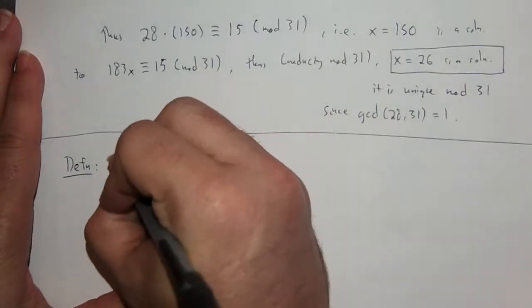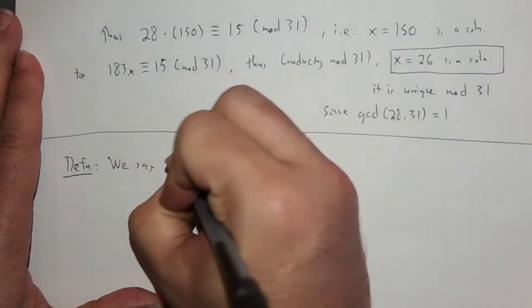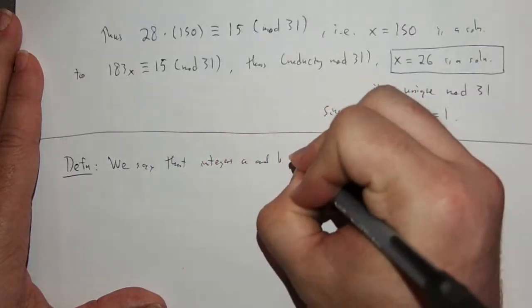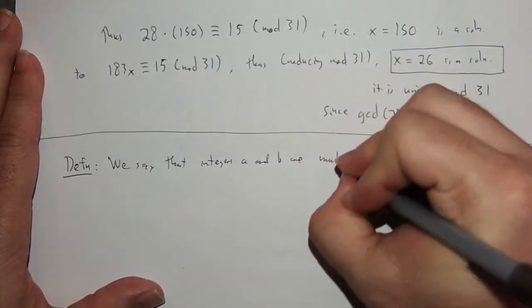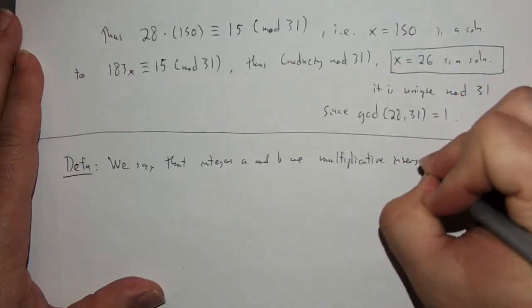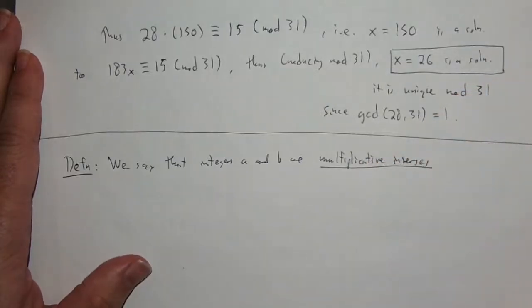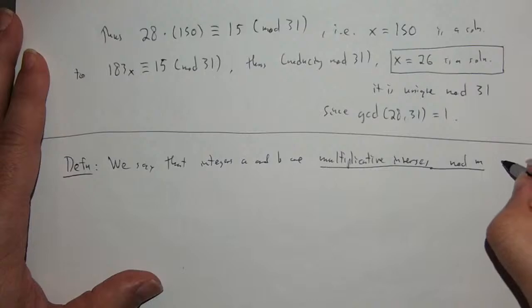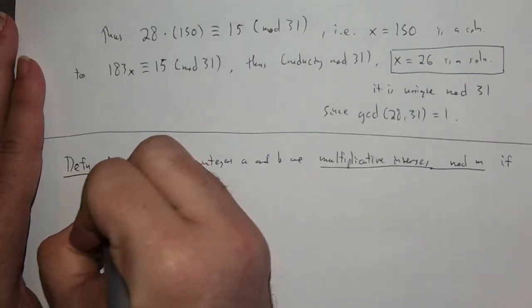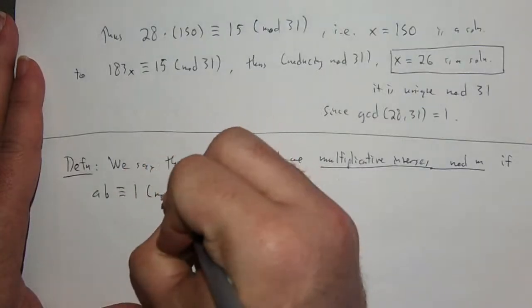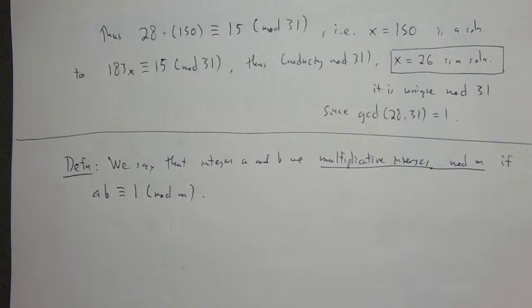So we say that integers a and b are multiplicative inverses mod m if a times b is congruent to 1 mod m. Okay.